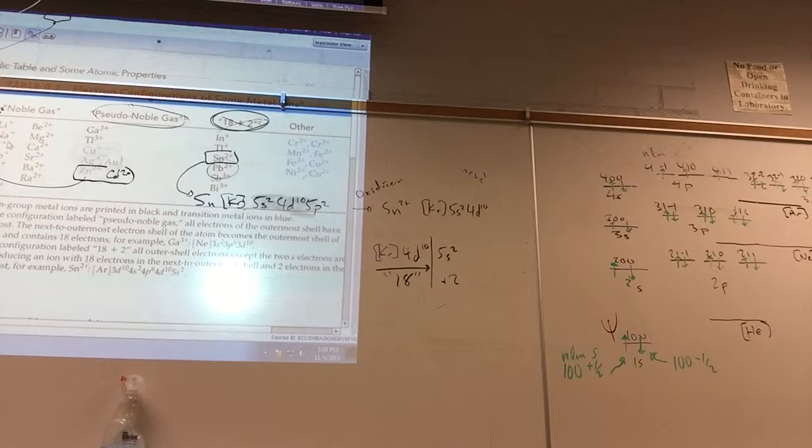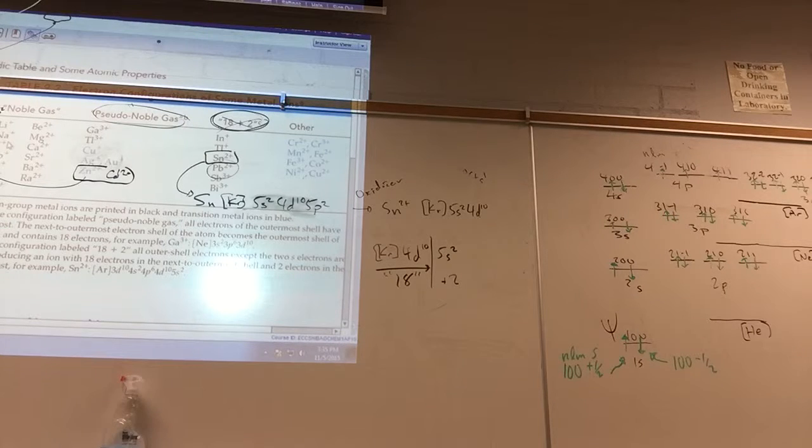This is your plus 2, this is your 18. 18 plus 2 gives us a charge of, eliminate these, and lead should be a plus 2 ion. And so lead plus 2, is it common? Yeah. But if you have a more powerful oxidizer, you can get rid of the plus 2 and go to 18, which is plus 4. And so lead comes in lead 2 and lead 4. Those are the common charges.